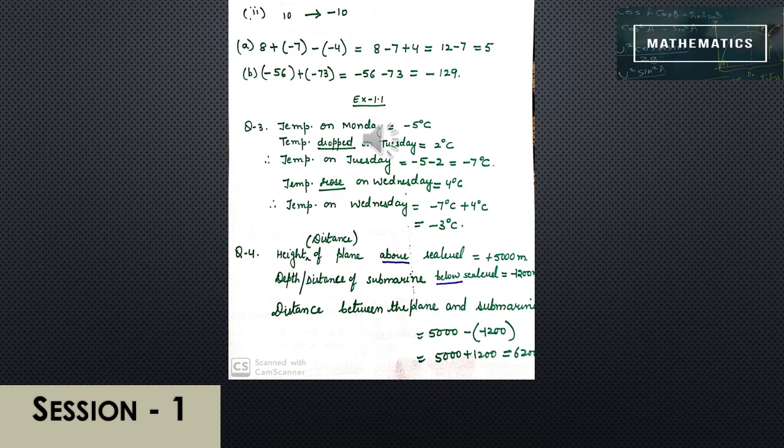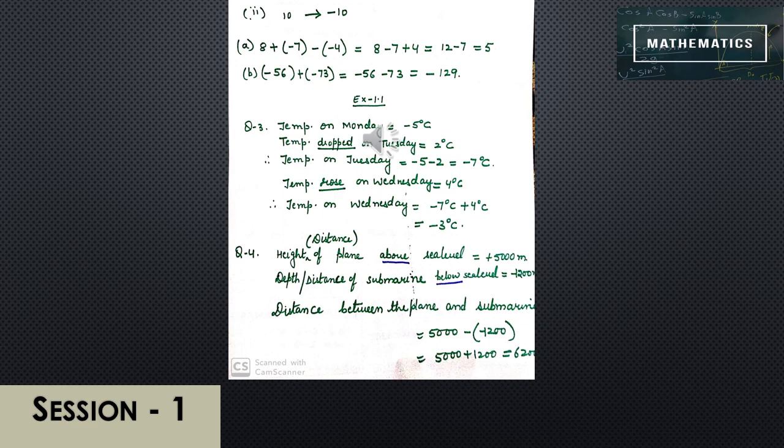Now on Wednesday, if the temperature is rising by 4 degrees Celsius, what will be the temperature on Wednesday? It will start from minus 7 degrees Celsius. Now if it is rising, then you have to add that temperature. So the temperature on Wednesday will become minus 7 degrees Celsius plus 4 degrees Celsius.